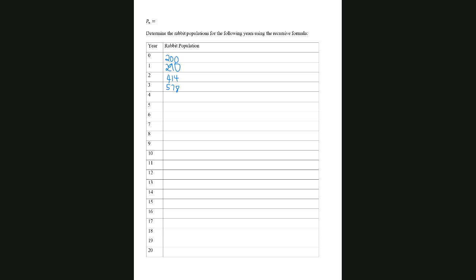So if I go back here and I fill in the chart, I'm going to fill it in with 200, which is what we knew the population was. 290, we found that one by hand. And then the rest of these we found on a calculator. So year 2 is 414. Year 3 is 578 we found. And if you continue doing this, year 4 is 783.